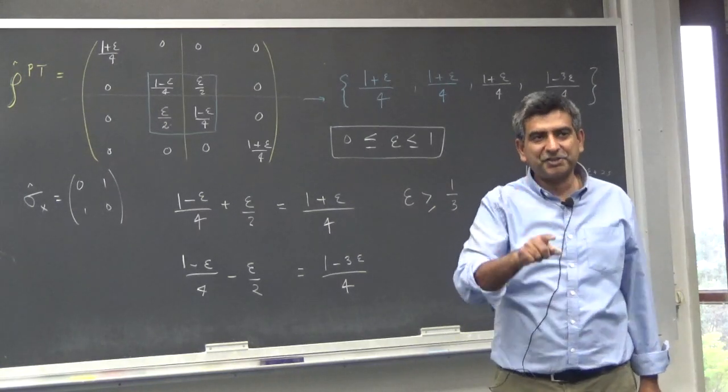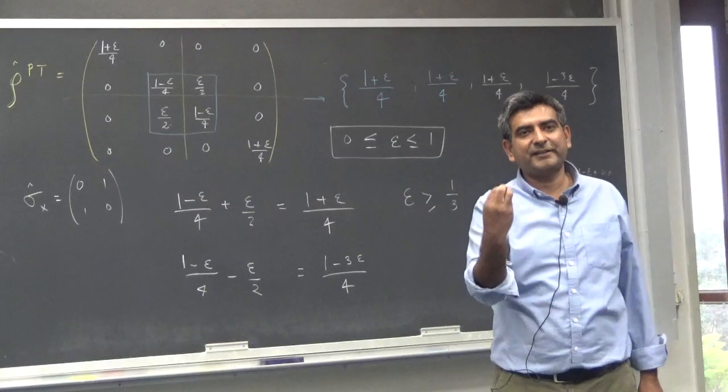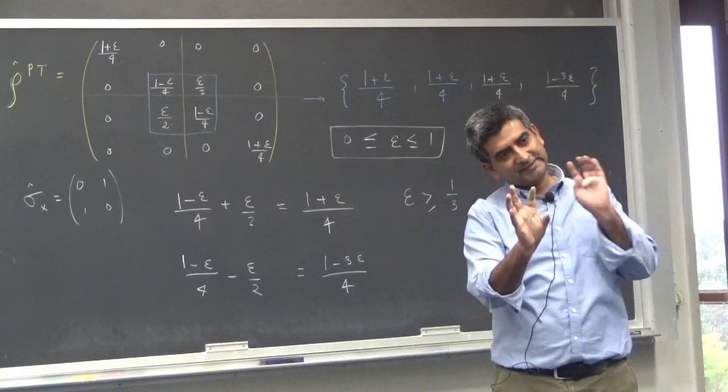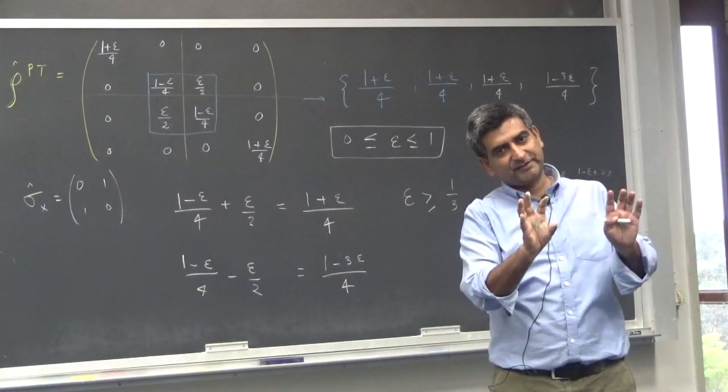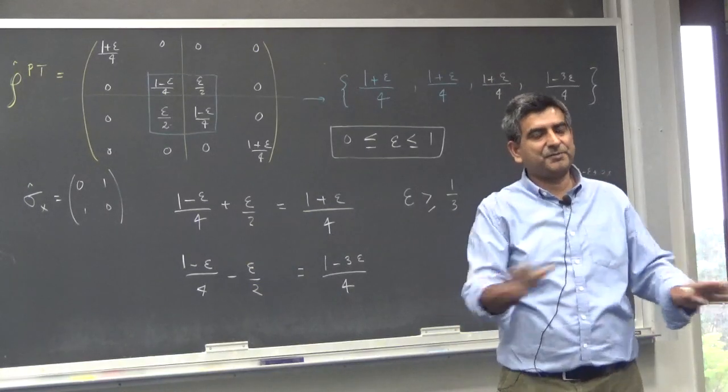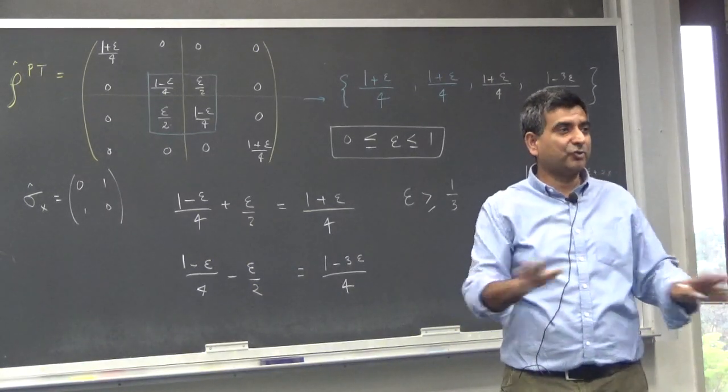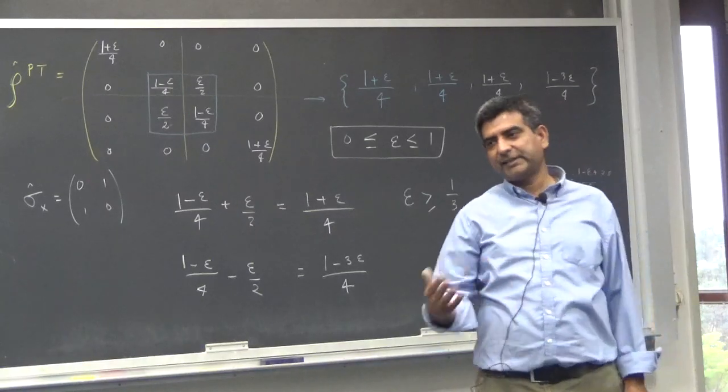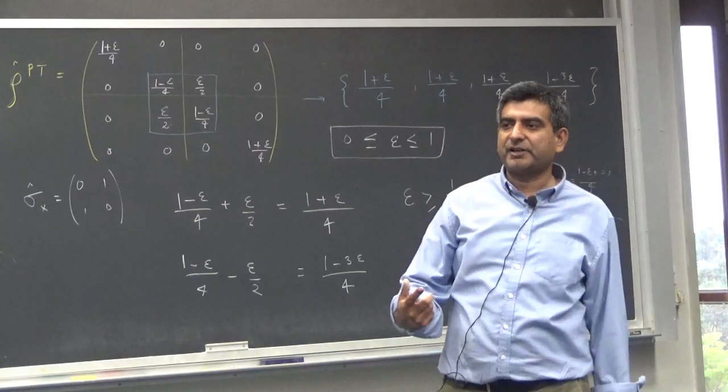This means that my initial supposition of writing the state as a tensor product of two density matrices, that is a separable state, was incorrect, which means that my initial state was entangled, non-separable. So this is the positivity of the partial transpose test.